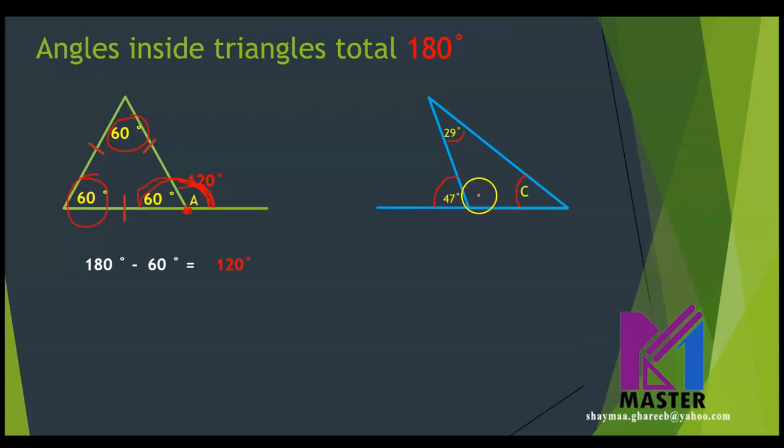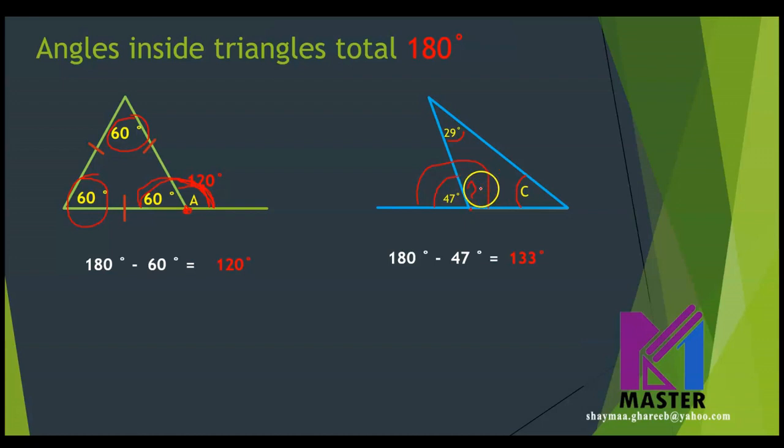First, I can start to find this angle here using angles on a straight line. So this is 47, then the one next to it will be 180 minus 47, which is 133.